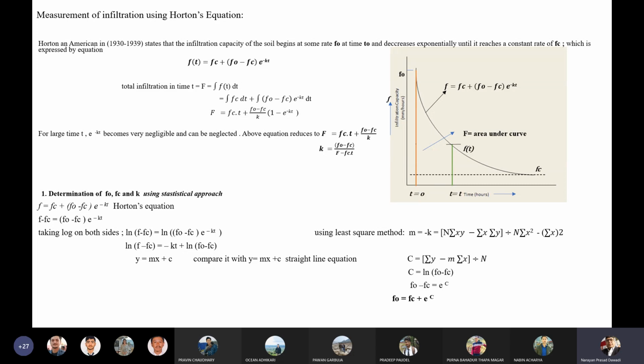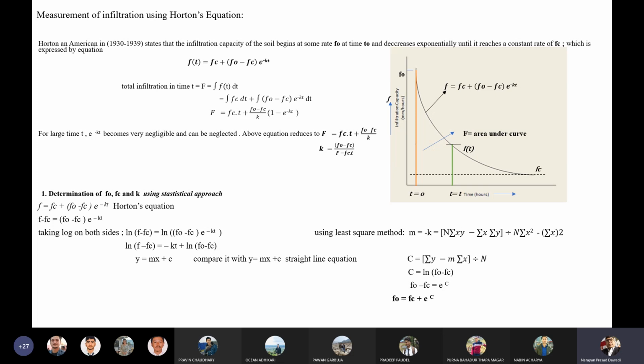Similarly, the constant c = ln(f0 - fc) can be calculated as c = (Σy - m Σx) / n. This is the other equation. From the first equation, m = -k is known, so k is known. From the second equation, c can be known.